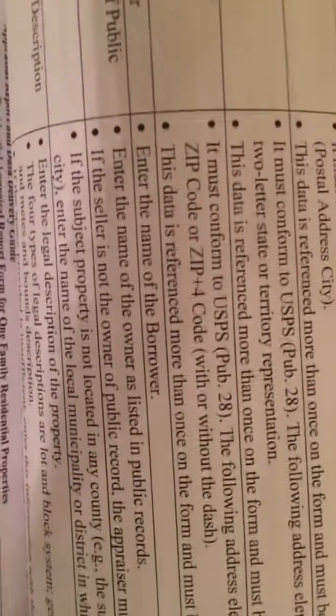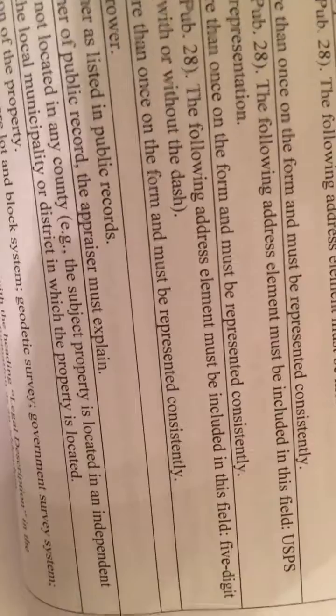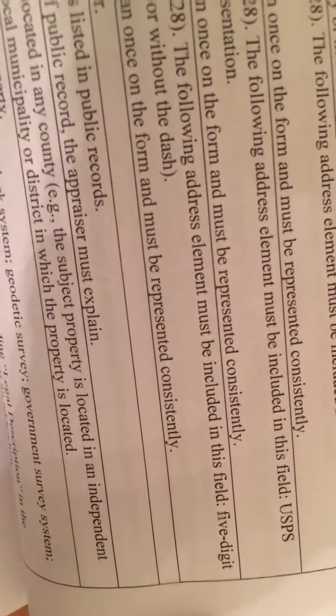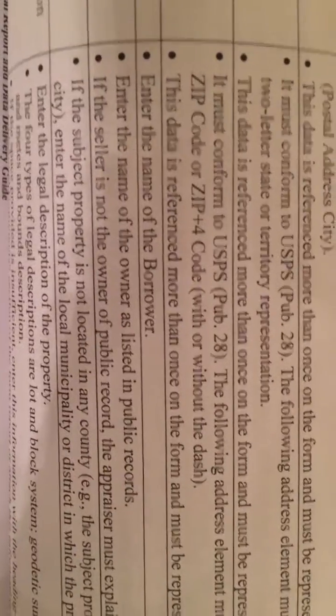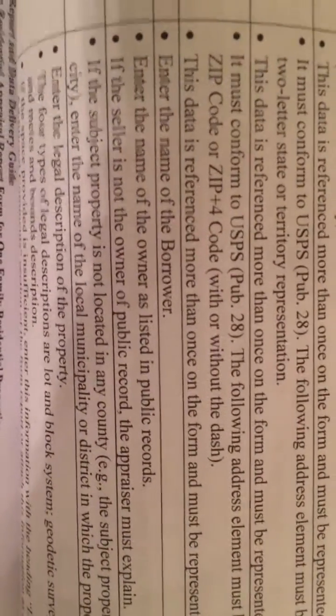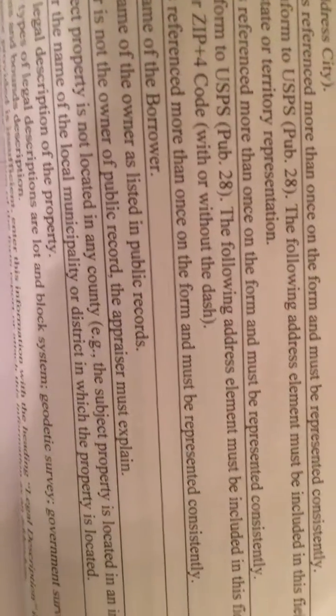Zip code. It must conform to USPS Publication 28. The following address element must be included in this field: 5-digit zip code or zip+4 code, with or without the dash. This data is referenced more than once on the form and must be represented consistently.